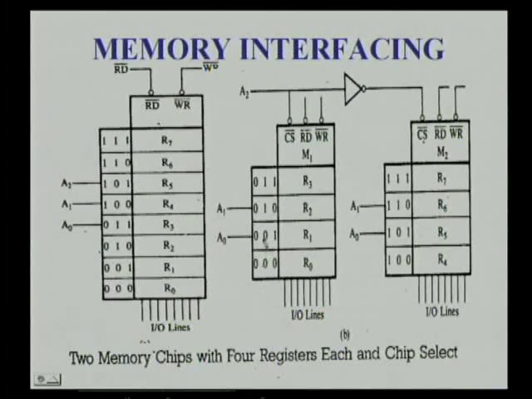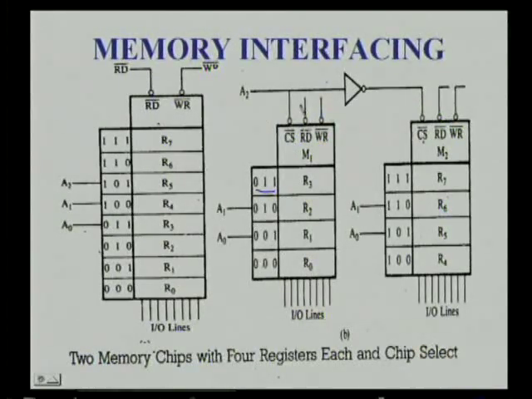And now we see the same idea extended for identifying 8 registers. In this particular diagram, to the right side of this, you can see for identifying 8 registers we need 3 address lines, that is 3 bits. So the lower order bit is A0, next A1, and the third bit A2 is used to identify the chip.